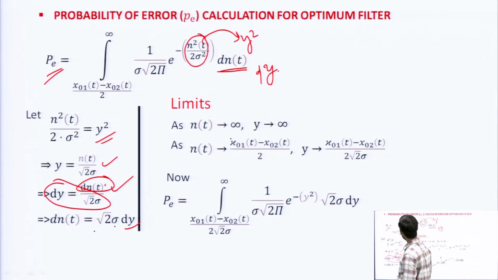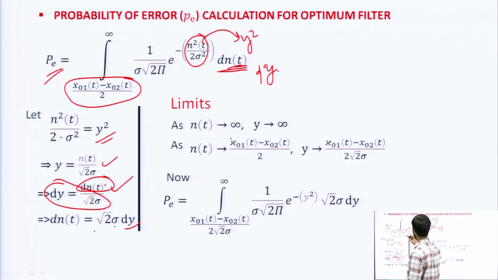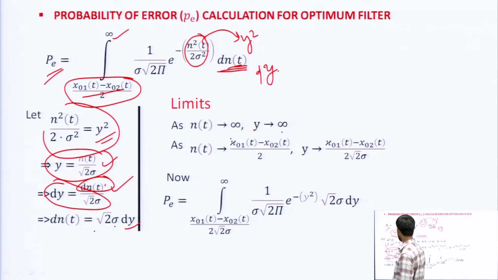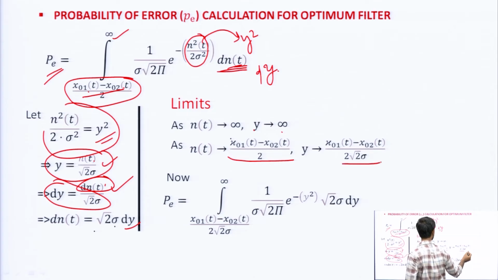So I have to change the limits. How can I get the limits? As n(t) tends to infinity, y tends to infinity, because this is the relation between y and n(t). If n(t) tends to x naught 1 of t minus x naught 2 of t divided by 2, then y tends to this much divided by root 2 sigma, which is 2 times root 2 sigma.